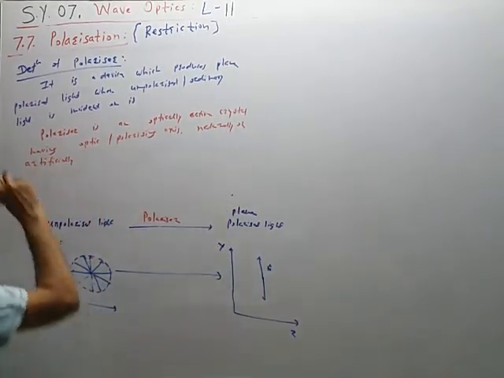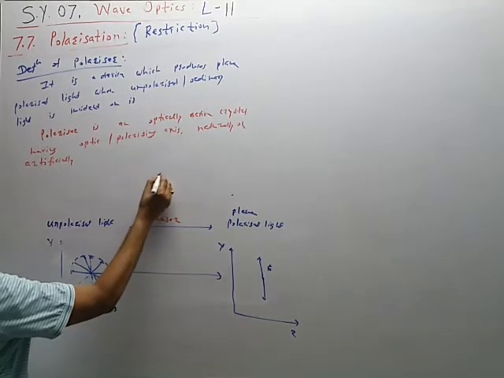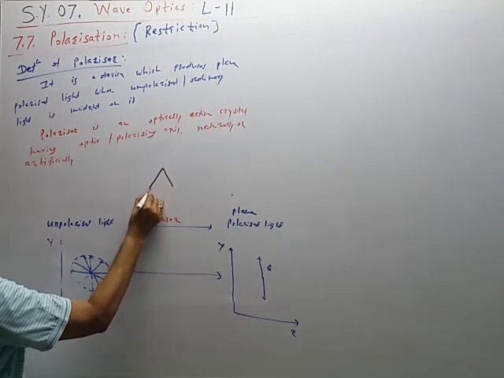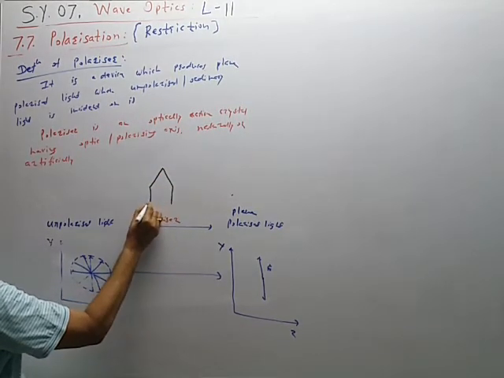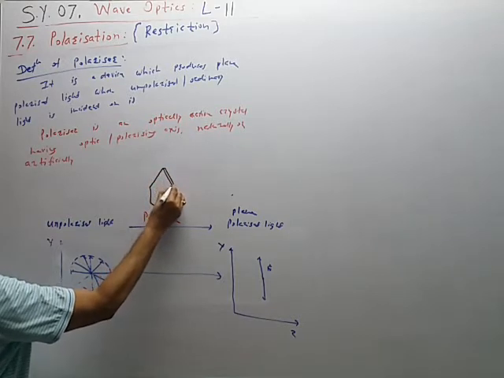So the crystal is cut in a particular section and it is shown like this. It has a hexagonal shape, like a benzene ring, and it has a finite thickness.